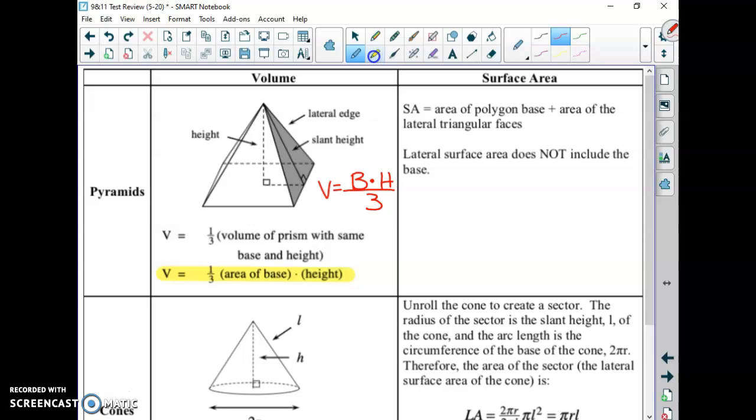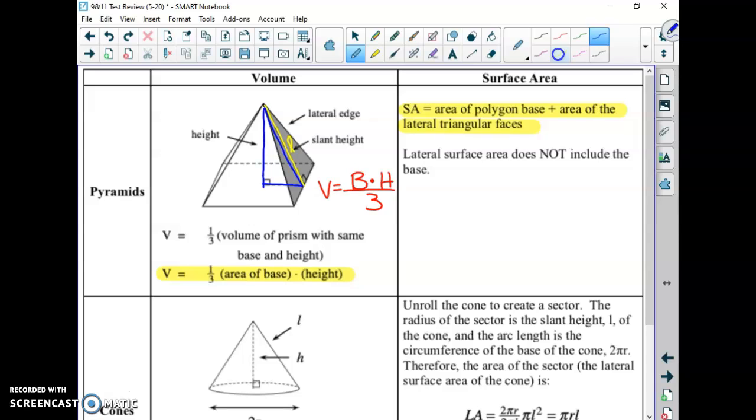Surface area, again, no secret formula to this one. You just have to find all of the areas of the pyramid. The key to surface area is make sure you are using the slant height, this L. Alright? And if you need to find that, what you might need to do is make a right triangle and help yourself find that slant height.